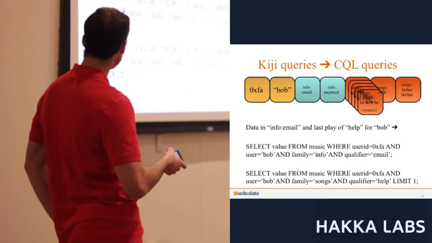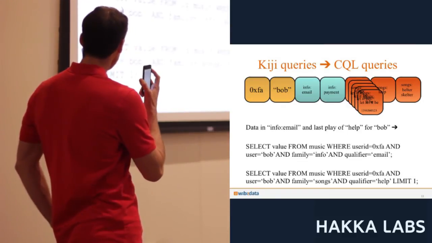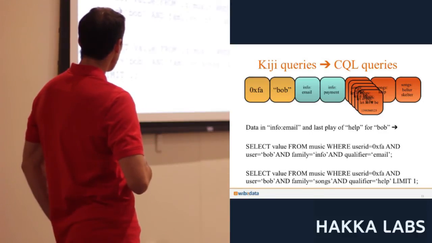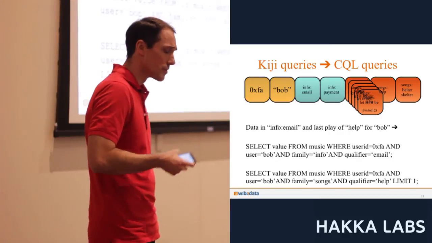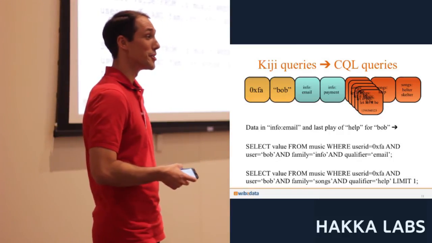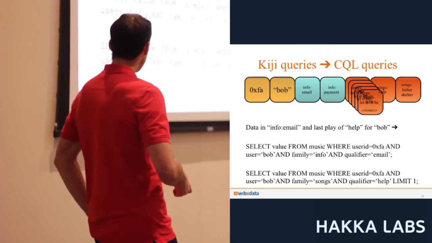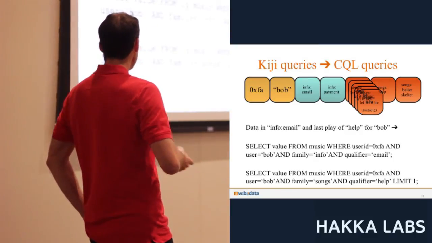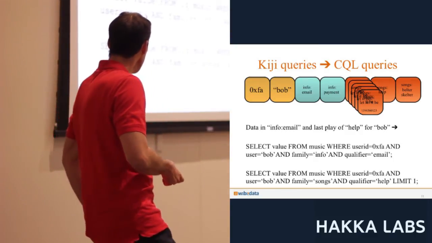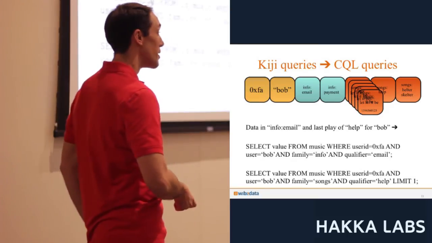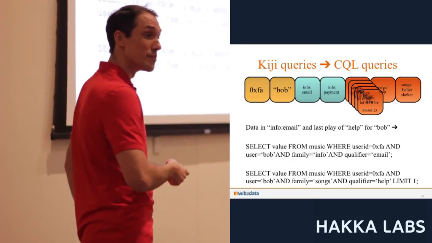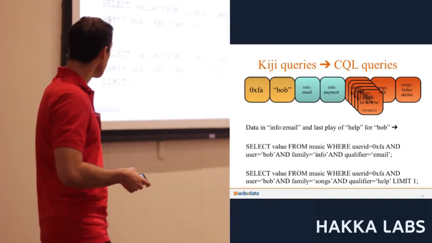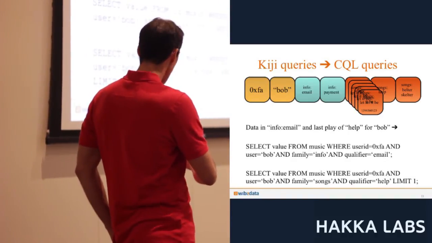And we need to get some information from the info column family, as well as some of the structured data, or some of the complex data, from the last time he listened to the song Help. So here this gets a little tricky, but it's pretty straightforward to implement. We just have to do 2 separate queries, one to each of the Cassandra tables that represents a locality group in Kiji. So there's no problem, works pretty well.